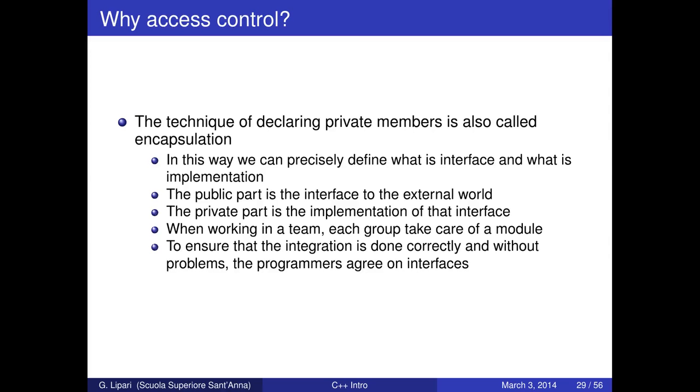The public part is the way the user of the class has to use it. So it's the interface to the rest of the program. The private part, instead, is the implementation of that interface by the class.